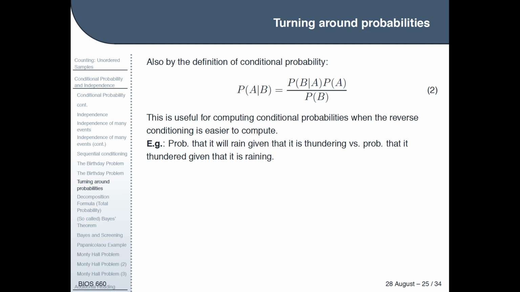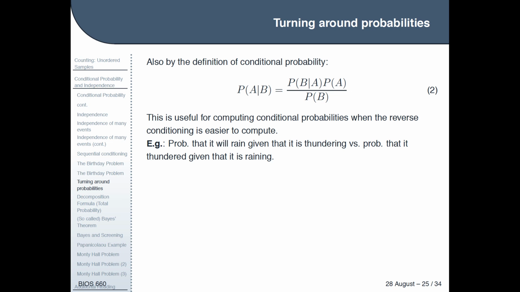These conditional probability rules are sometimes useful for turning around probabilities, as this slide describes. It may be that the probability of A given B is hard to compute, but the probability of B given A is easy or easier to compute.